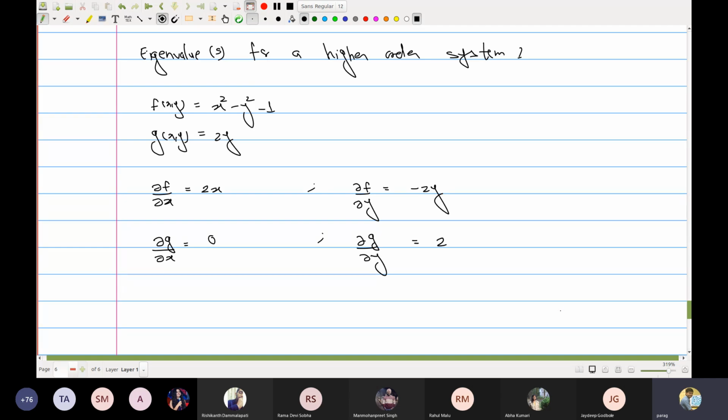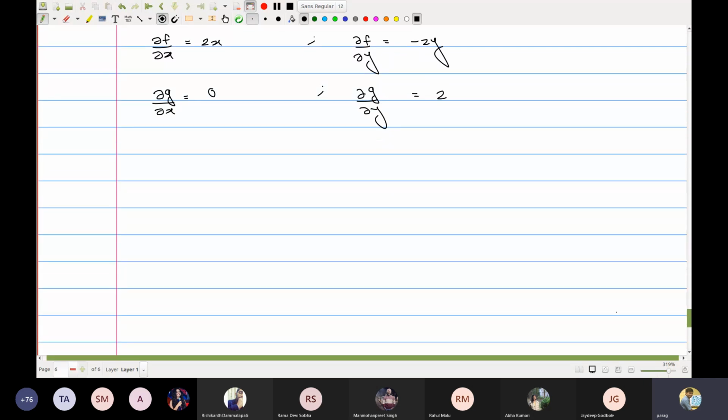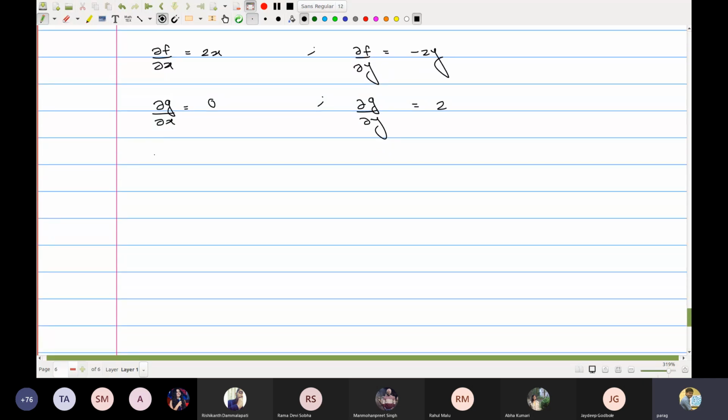So I took all the possible first derivatives. What was the first derivative in the linear case? df by dx. Here, all the combinations of first derivatives will give rise to my Jacobian matrix.